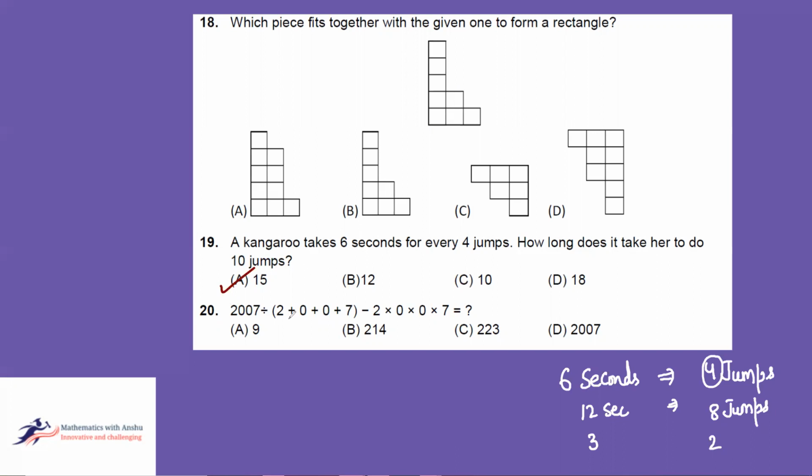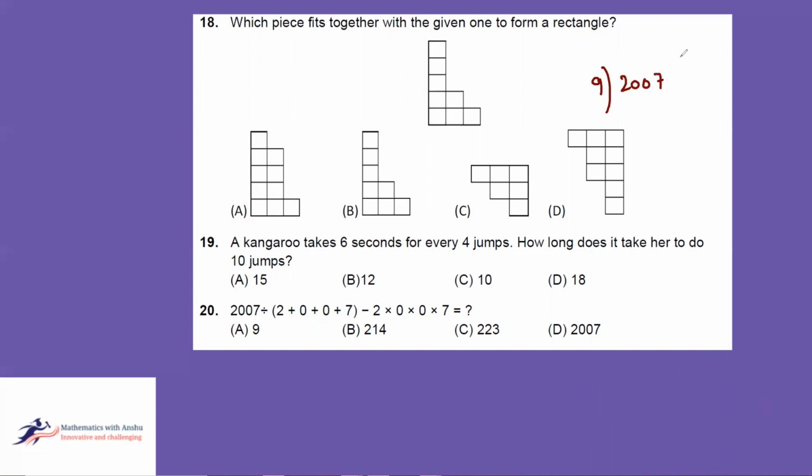Now next question. Now you see, if you multiply by 0, any number, this becomes 0. This becomes 0, 0. So here 9. So 2007 divided by 9. So it will be what? Can you guess it? So 2007 divided by 9.